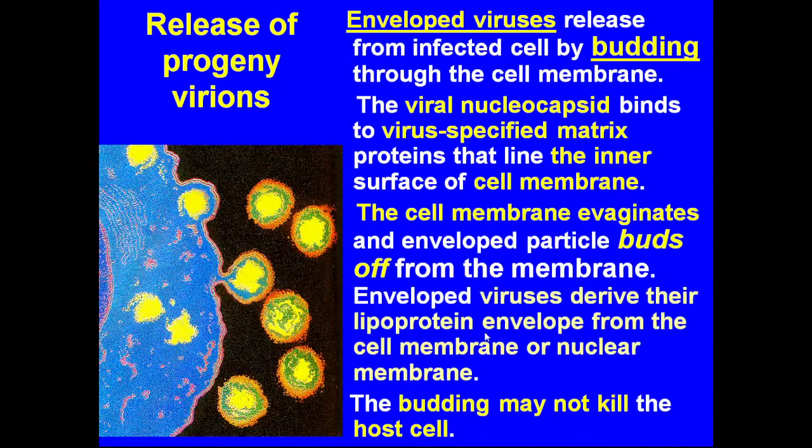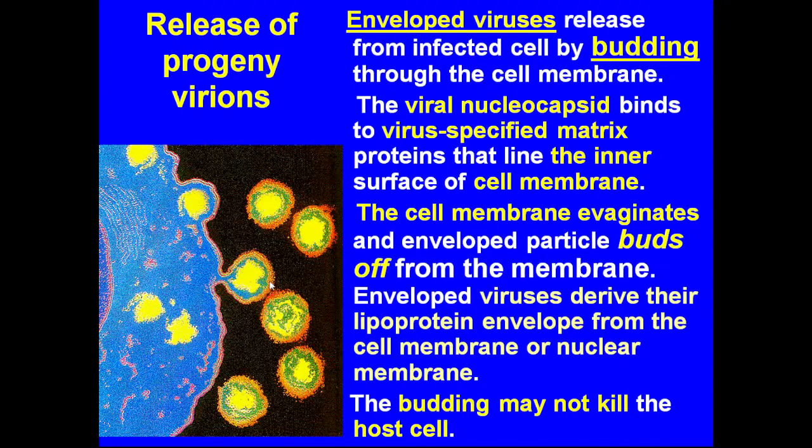But some viruses, like enveloped viruses, can be released from infected cells in a way that is called budding. The viral nucleocapsids that we have here in yellow, and the specific matrix protein, leave from inside at the inner membrane of the cell, and then the nucleocapsids come up to the modified cell membrane, and then the cell membrane evaginates and the envelope particles bud off from the membrane.